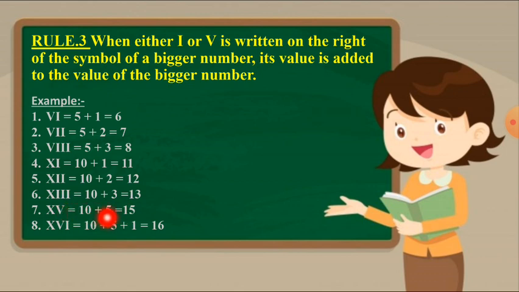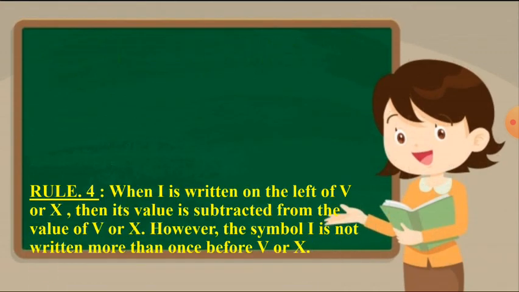So 10 plus 5 plus 1, your answer comes as 16. Understood, students? If any symbol is written after the bigger number, it will add and increase the value of the number. The next rule is the fourth rule.